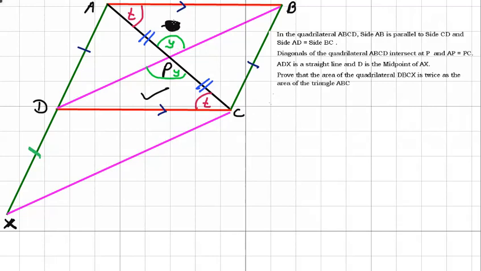So if we prove this top triangle is congruent to this bottom triangle in which I have marked a tick, then we can say AB is equal to CD. Then we can prove ABCD is a parallelogram. All right. So let's say the names of the two triangles.